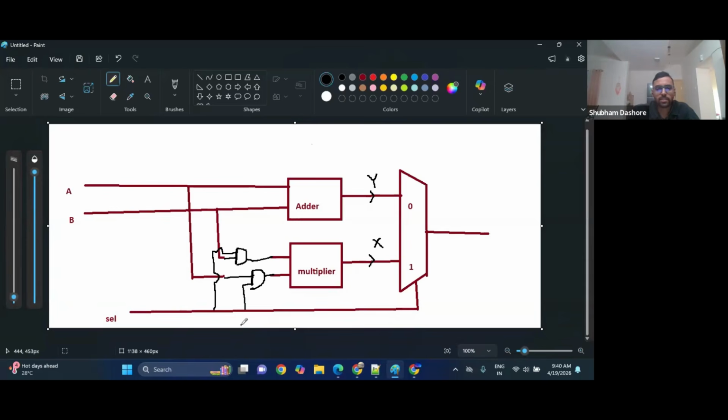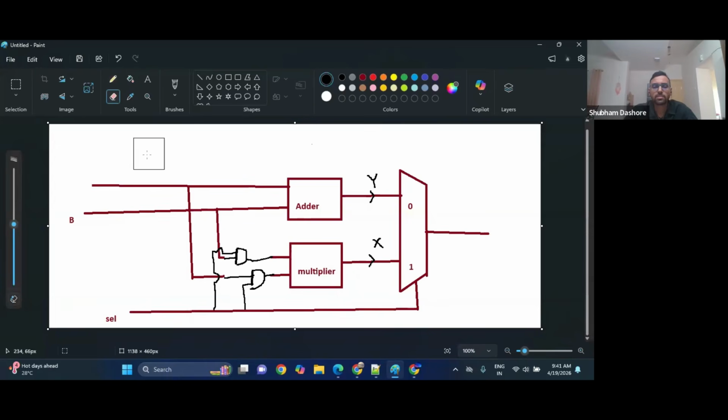So now whenever the select line is 0, A and B will not go to the multiplier, this multiplier will not function, and the amount of power will be reduced. So this is how we can ensure that data gating is properly utilized and power can be saved.